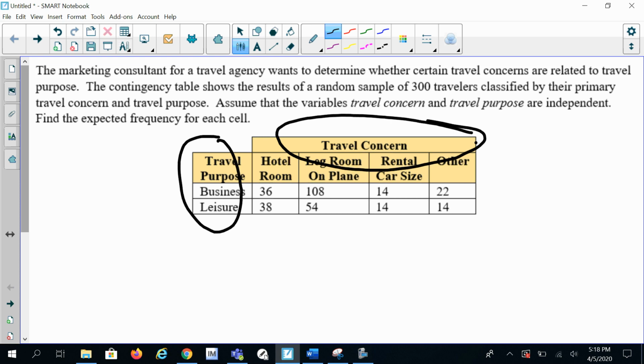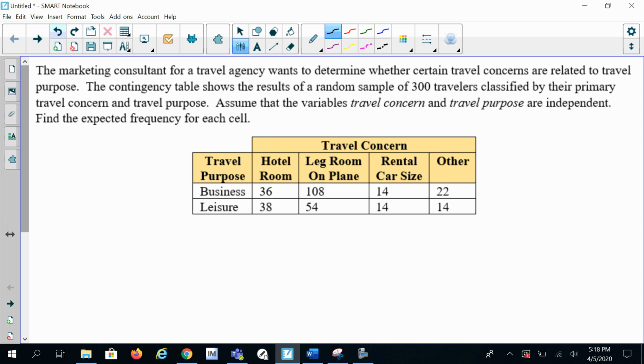In this one, there's 2 different variables happening at the same time. So that is the dead giveaway that this is a 10.2 problem, not a 10.1 problem. If you have one column or one row, that's a 10.1. If you have more than that, you have 2 variables, that's a chi-square test of independence problem.